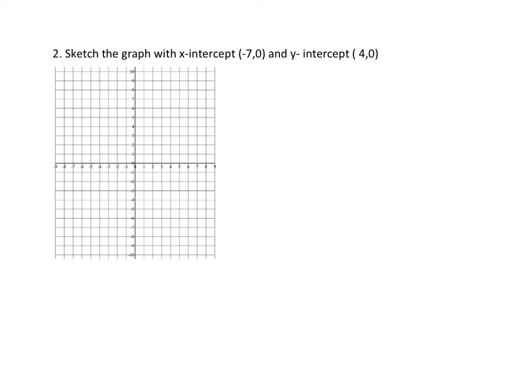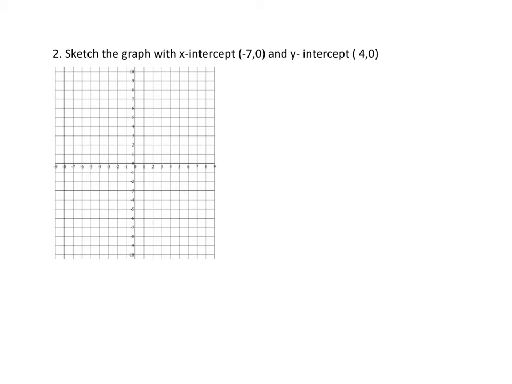Alright, so now we're going to look at why we'd want to find the x-intercept and the y-intercept. And the real reason is that if we find these points, it's very easy for us to make a graph. So let's just sketch the graph with x-intercept -7, 0 and y-intercept 0, 4. If we combine these intercepts, that's actually all we need to sketch a graph.